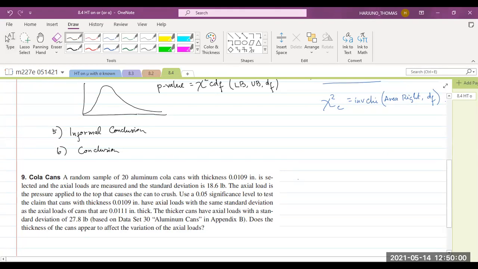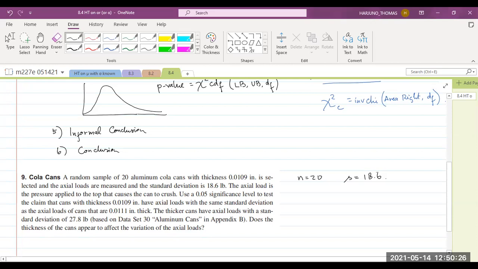So the sample size is 20. Notice that this is the standard deviation, so it must be the sample standard deviation, 18.6. The axial load is the pressure applied to the top that causes the can to crush.